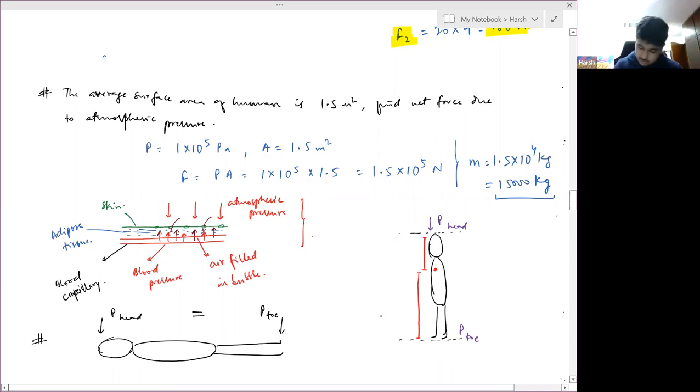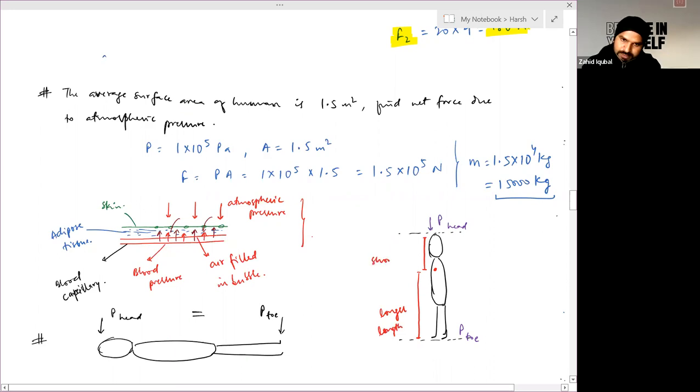Okay, sir. Longer length and some shorter length of blood capillary.